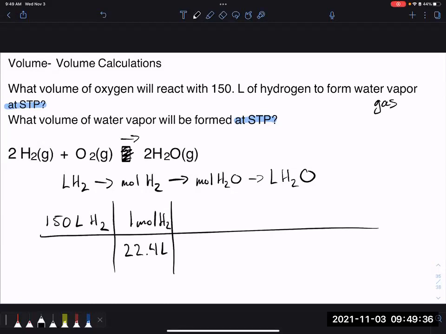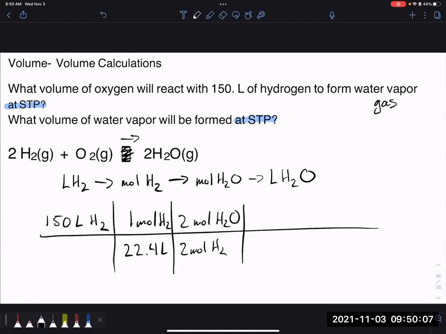Now we need the mole to mole ratio. So we have 2 moles of H2, 2 moles of H2O. So now we have moles of H2O.